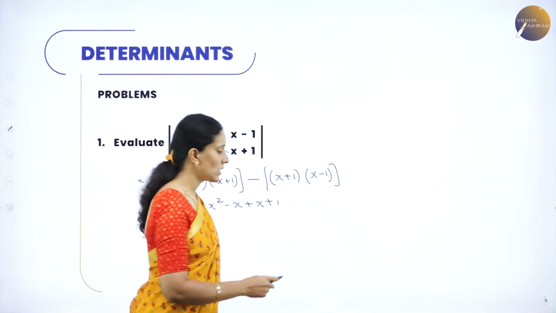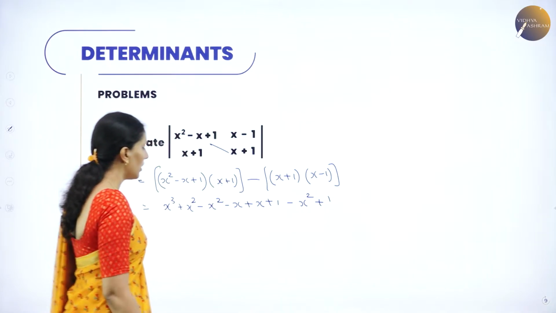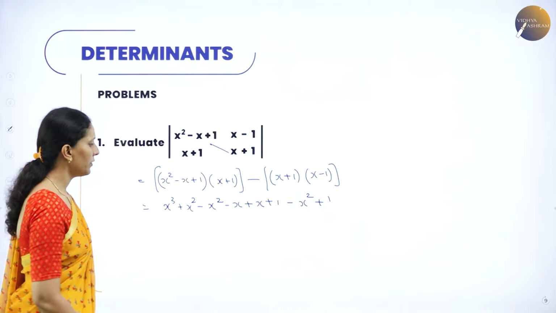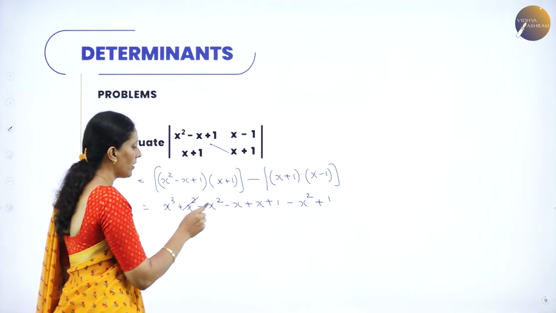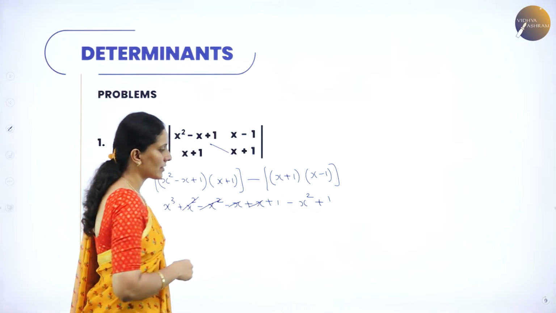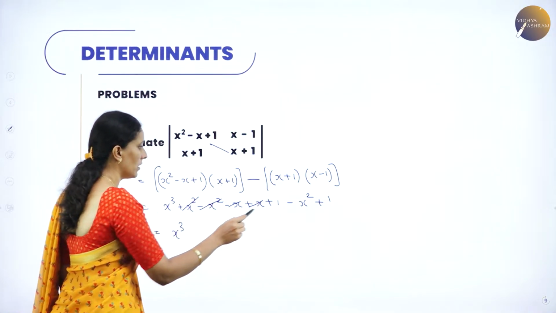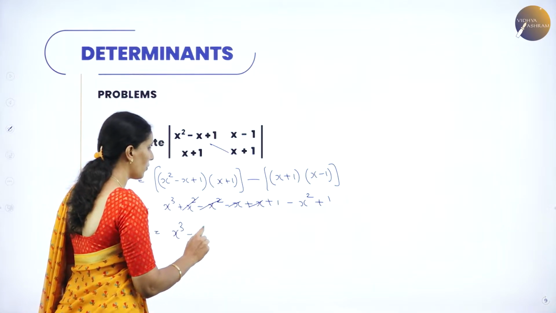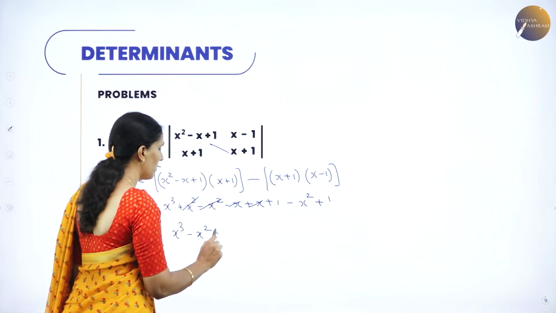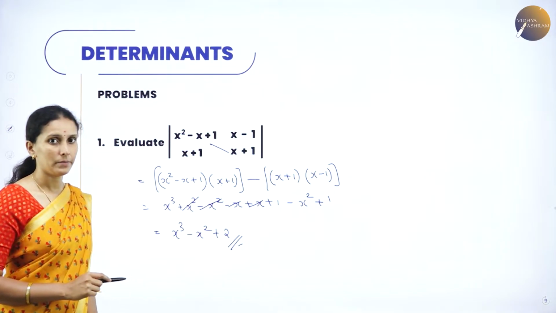Outside you have minus, so that becomes minus x square plus 1. Now here clearly you can see plus x square and minus x square get cancelled, minus x and plus x get cancelled. So we have here x cube minus x square plus 1 plus 1 plus 2. So this is the value of the given determinant.